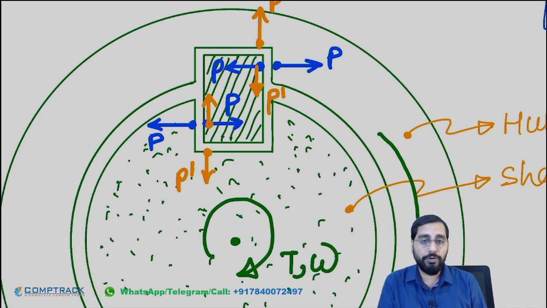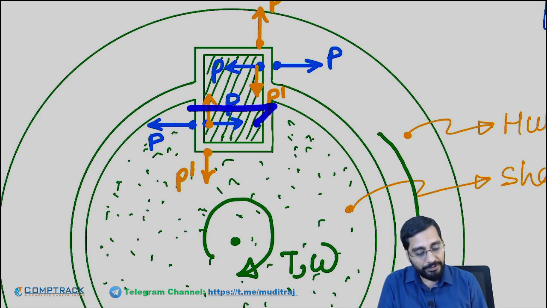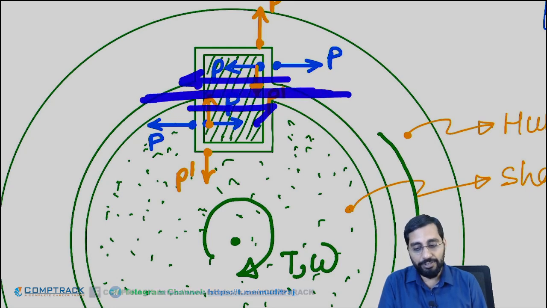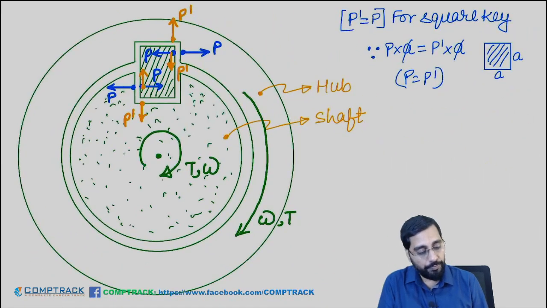So location is not known exact. So for the simplicity, it is assumed like on lower surface for the key P is like this and upper surface P on this like this. So shearing chances for the key will be there. Clear or not? So the diagram is made; if you have understood P equal to P dash, then write down.